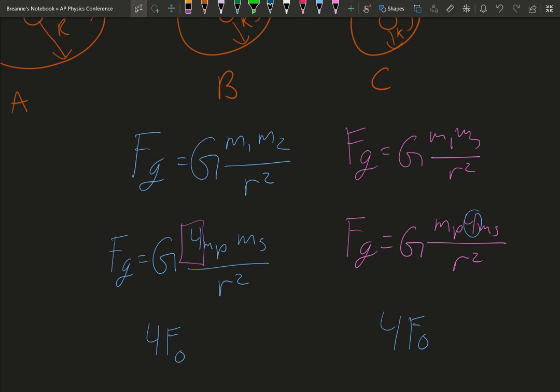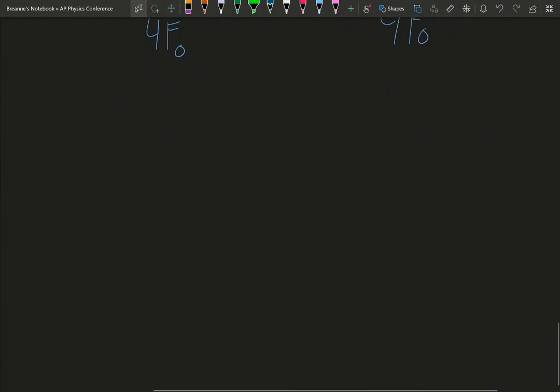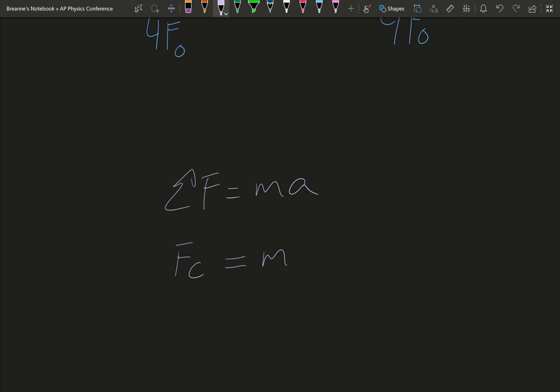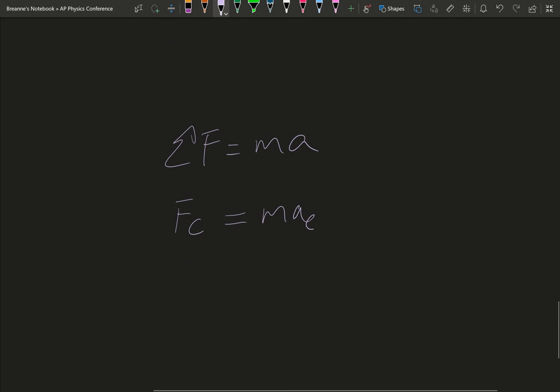And if you wanted to use an equation to show that, you would do your net force equals mass times acceleration. You're being specific with your centripetal force. And your centripetal force would be your force of gravity.